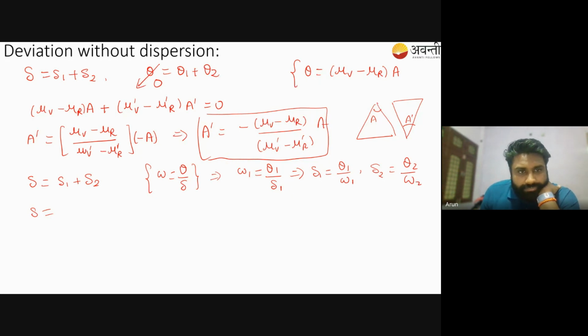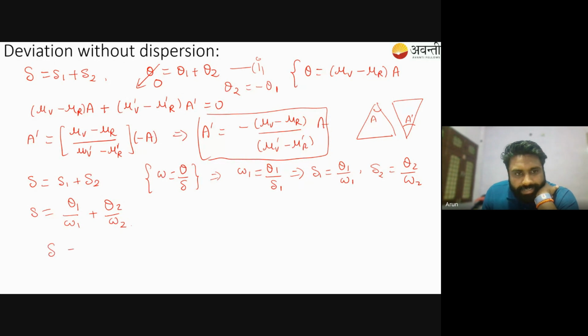Put this value here. We have theta 1 by omega 1 plus theta 2 by omega 2. From equation number 1, we can say that theta 2 is equal to minus of theta 1. Put the value of theta 1 here.